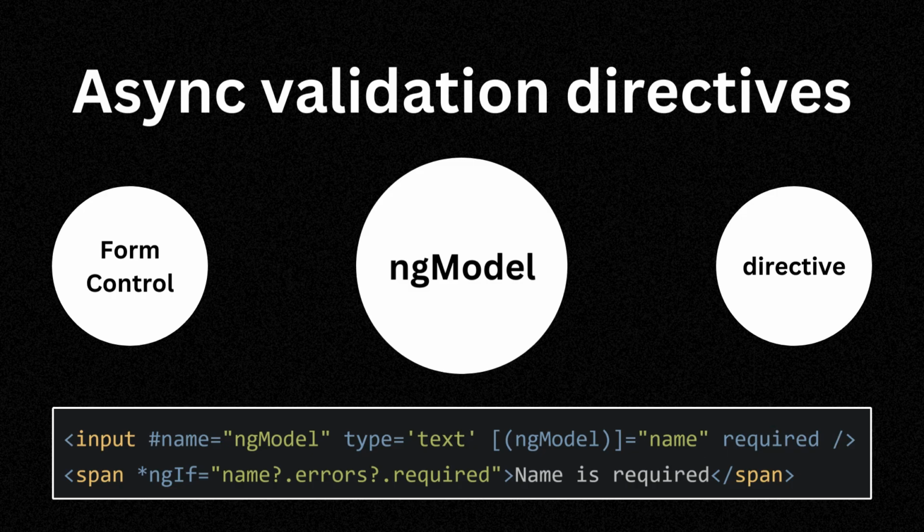Now to get access to the actual validation errors and the status of your form element, whether it is valid or invalid, you will have to export the ng model into a template variable, and through the template variable you have access to all the validation related flags like errors, valid, invalid, everything. Now where are these flags coming from?